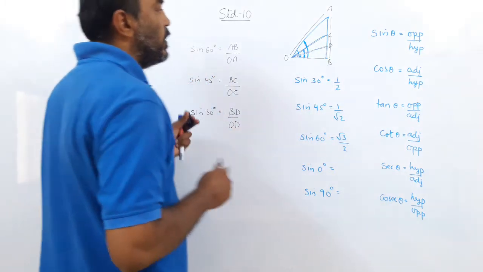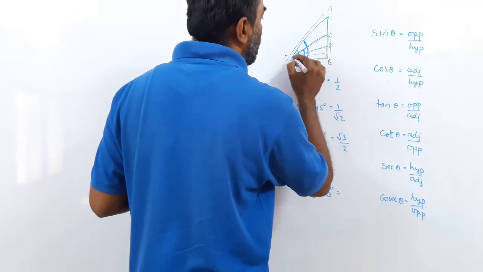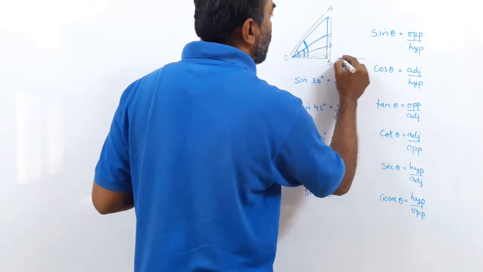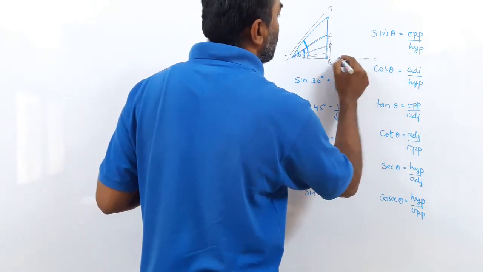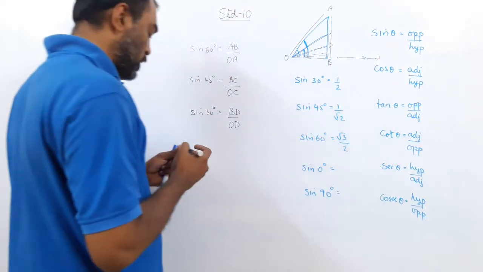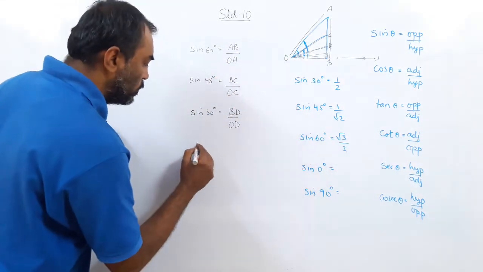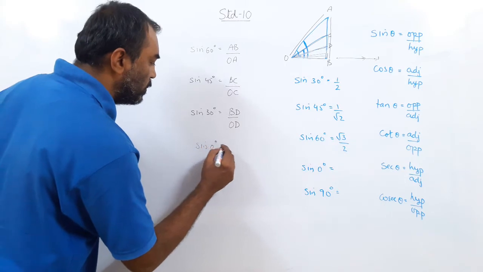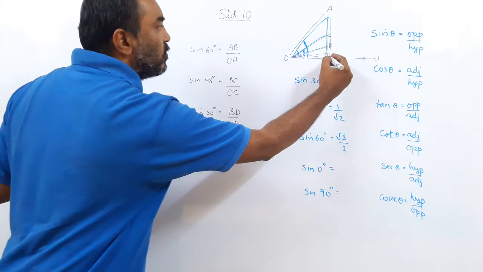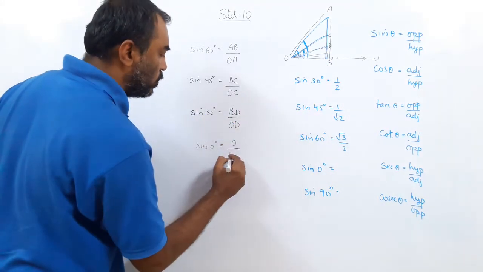Means if I reduce the angle further, the opposite side becomes smaller. If I reduce it further, it becomes smaller. So theoretically, if the lines are coinciding one on the other, the angle is 0, but it means the height of the opposite also becomes 0. So as you go below and below, sine 0 degree will become, let us call this B prime, this height 0 upon OB.